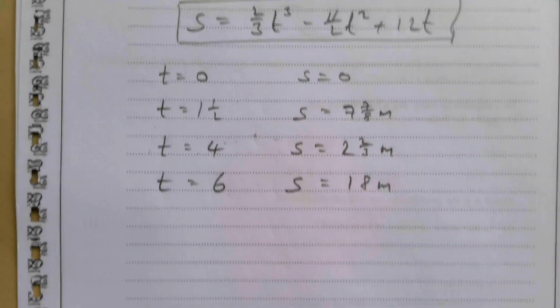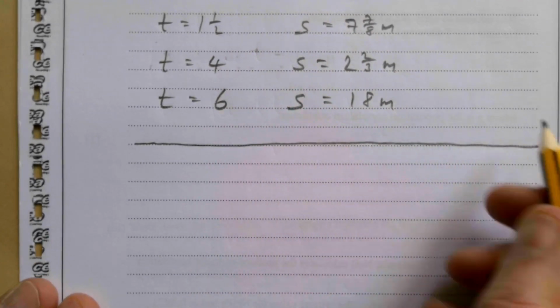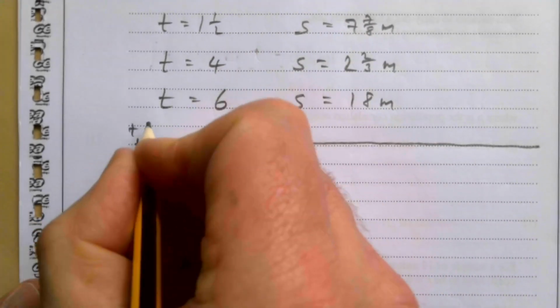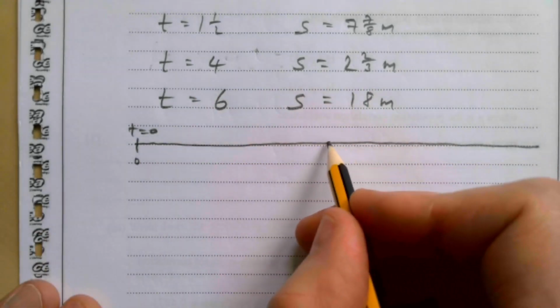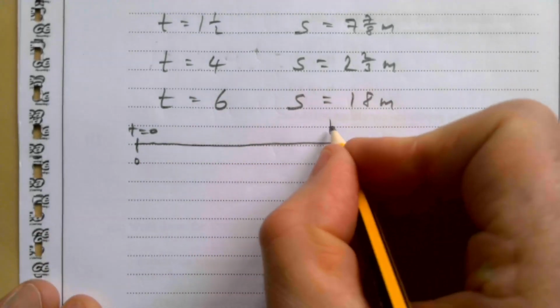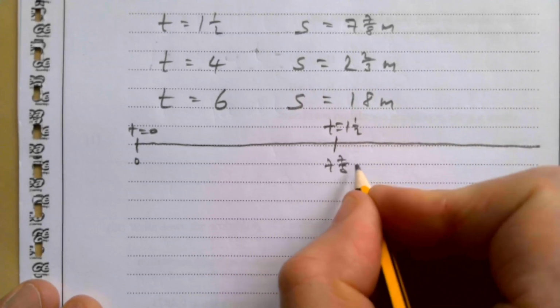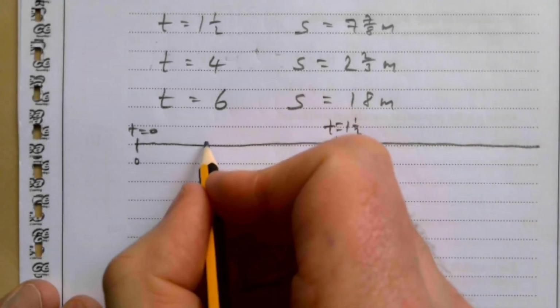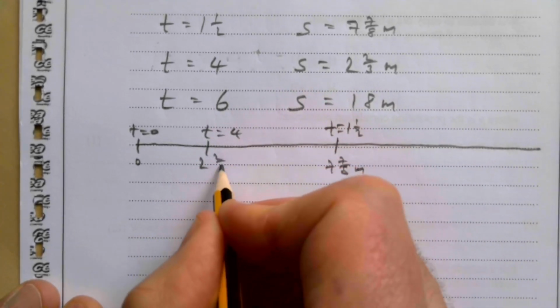So let's see if we can work out what's happened here. Here's my timeline. They're all positive. So time is 0, we're at 0. After 1.5 seconds, we are at 7 7/8 meters. After 4 seconds, we've then come back to here, and that's 2 2/3.